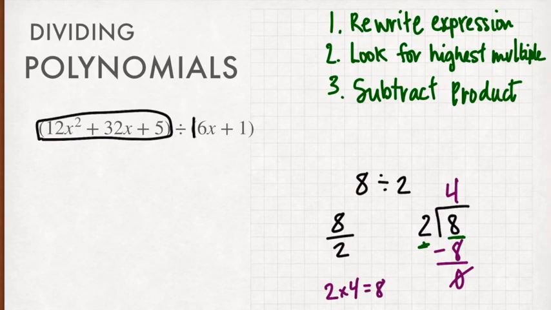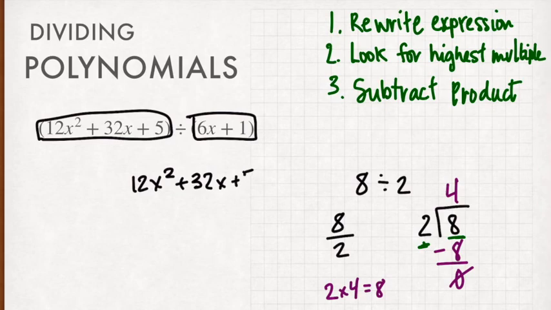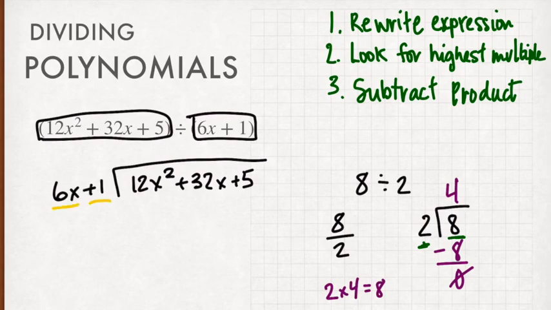We are dividing this entire trinomial by this binomial, 6x plus 1. So I'm going to rewrite this expression. What we want to look at is the highest multiple for the term with the highest degree.